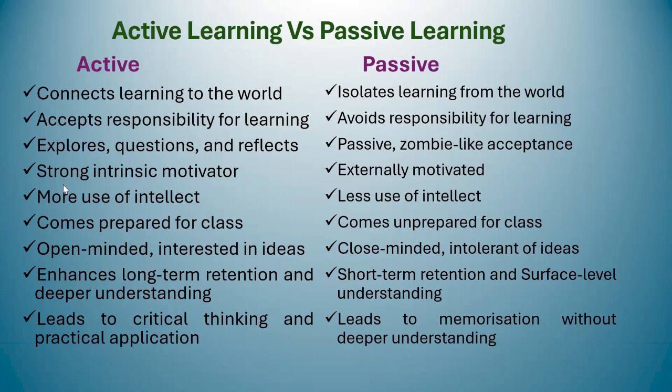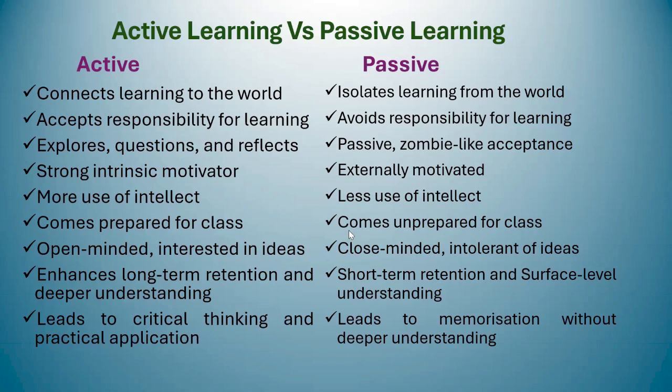Active learning has strong intrinsic motivator. It is a strong intrinsic motivator, and here it is externally motivated. Here, more use of intellect, and here, less use of intellect. Here, the teacher comes prepared for class, and here, under passive, the teacher comes unprepared for class.